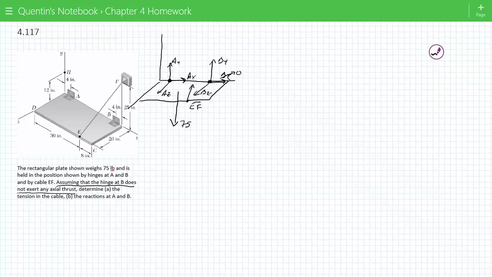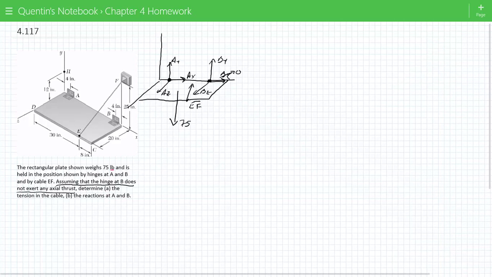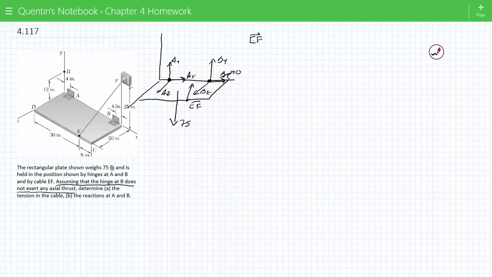Okay, so first thing I want you guys to do when you're doing these problems is to clearly define everything, right? So EF, how would you define the EF vector? EF is the magnitude EF times lambda, the unit vector in that direction. So from E to F, it goes 8 in the I direction, plus 25 in the J direction, minus 20 in the K direction, all over the square root of 8 squared plus 25 squared plus 20 squared, which is 33.